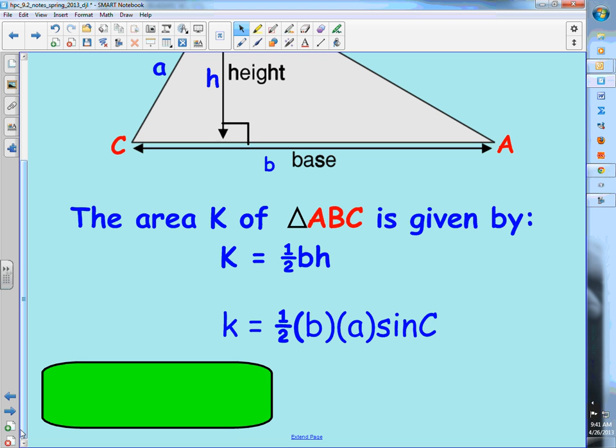Now what that means is you don't have to have a right triangle anymore. You don't need to know what the altitude is anymore. You just need to know B, A, and angle C. We're no longer bound to having an altitude or a right triangle.